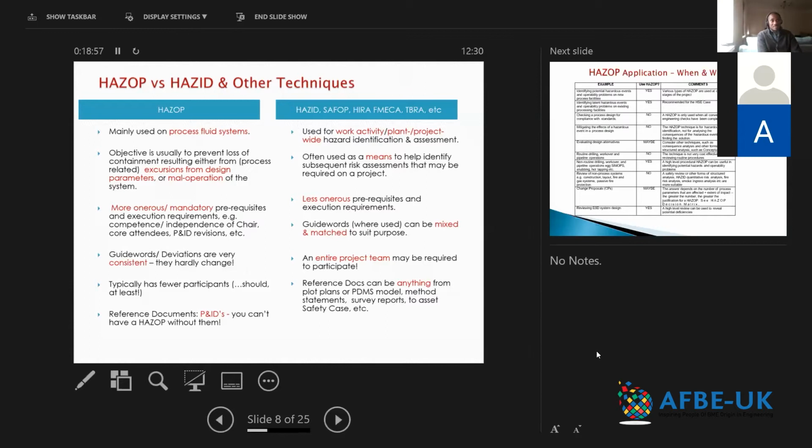The HIRA, hazard identification and risk assessment, is mostly used for marine systems, though it can be used for any other thing as well. The FMECA, failure modes, effects and criticality analysis, the task-based risk assessments, etc. So those are the other types of risk assessment or hazard identification techniques that are available.